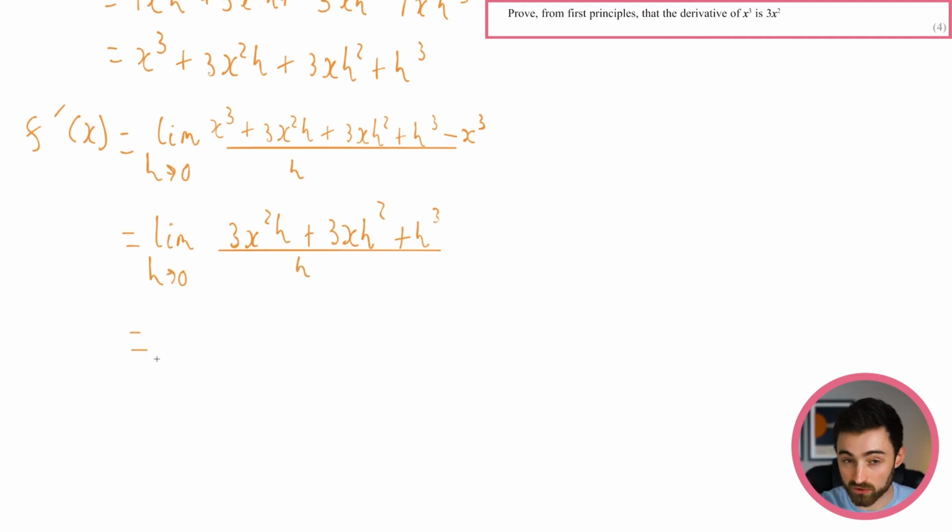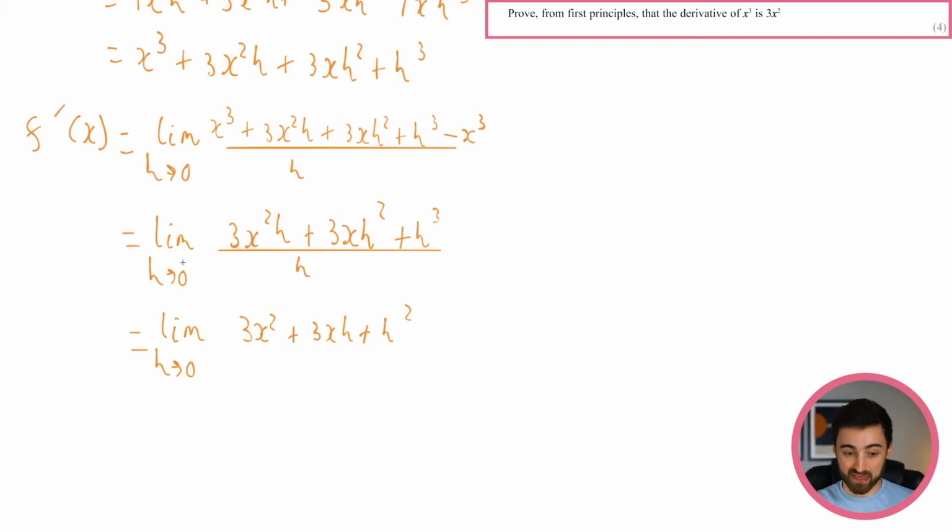This is now useful because I can cancel an h, can't I? So this is the limit, as h tends to 0, of 3x squared plus 3xh plus h squared, and there's no over h anymore because I've cancelled it.